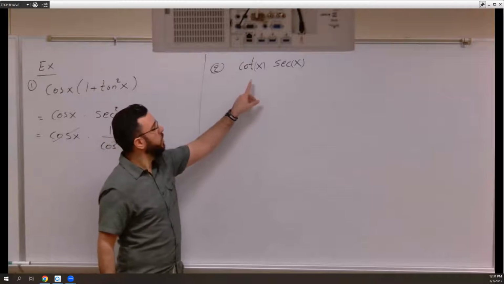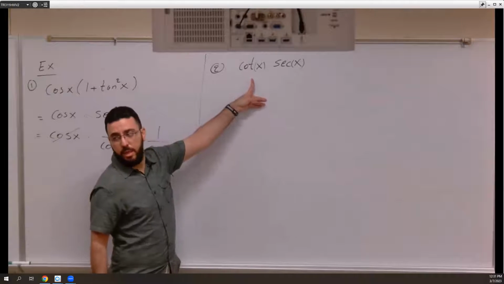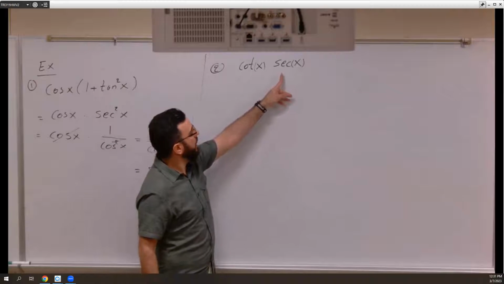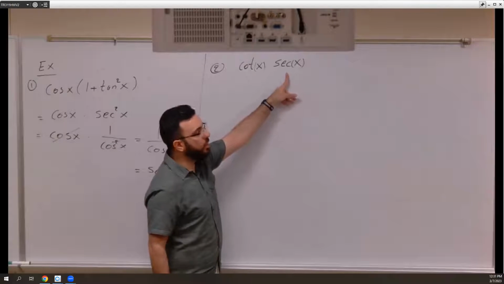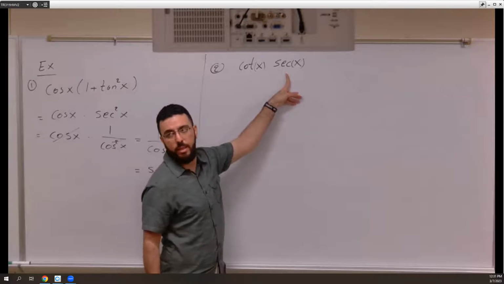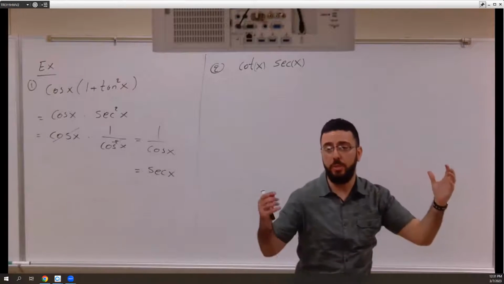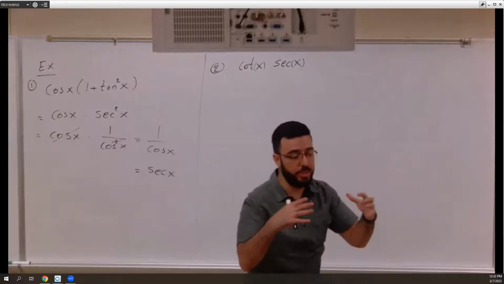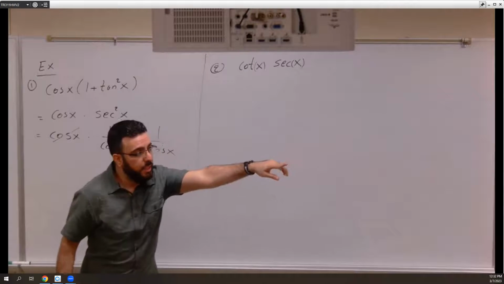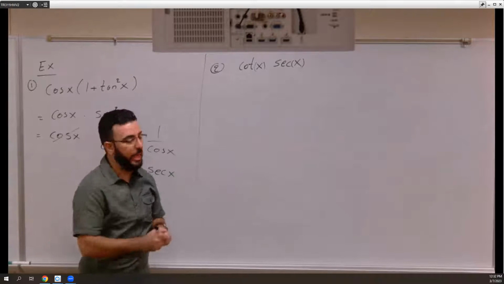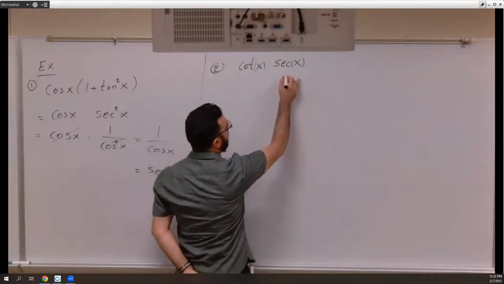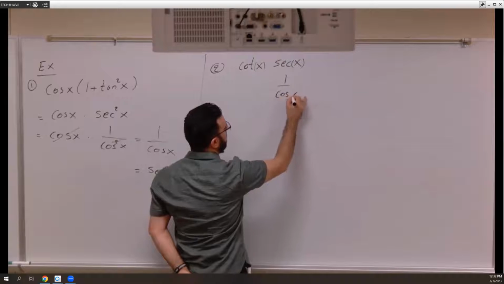Let's see. Cotangent and secant. Now I already know the secant is what? All the rules on the board. You just have to know how to do the connection. Secant is 1 over cosine. So okay, I'm going to write down the secant 1 over cosine x.